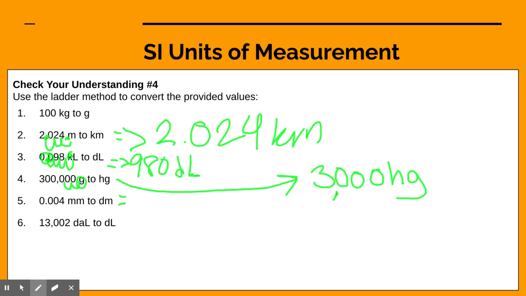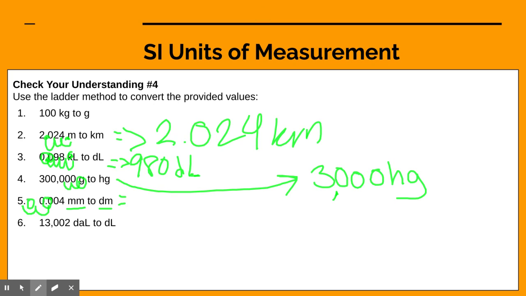Okay, number 5, so millimeters to decimeters. So I know starting at millimeters, it's all the way to the right, and I've got to go to decimeters, which is 2 places to the left. So I'm going to find my decimal, and I'm going to jump 1, 2 places to the left.